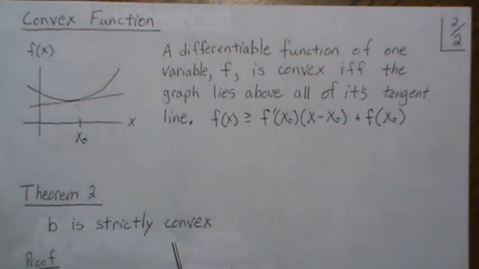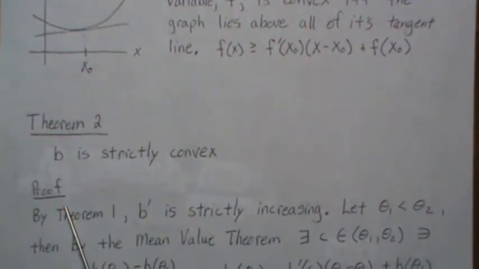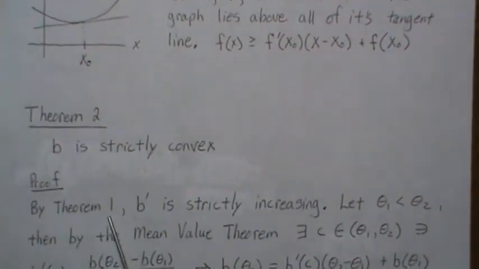That's a theorem. So in the previous theorem, we talked about B prime, or the derivative of B, is strictly increasing, which then showed it had an inverse. So the proof, by theorem 1, we know B prime is strictly increasing. So let's let theta 1 and theta 2 be parameters such that theta 2 is strictly greater than theta 1.